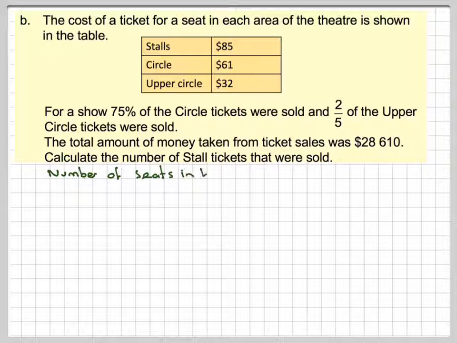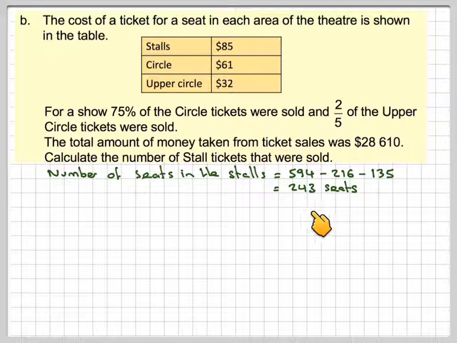So, the number of seats in the stalls, we need to know there's 594, because we just worked out in the previous part, minus the number in the circle, minus the number in the upper circle, so it gives me 243 seats, which are in the stalls.